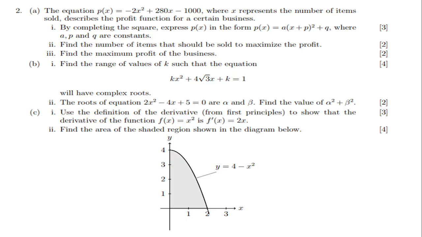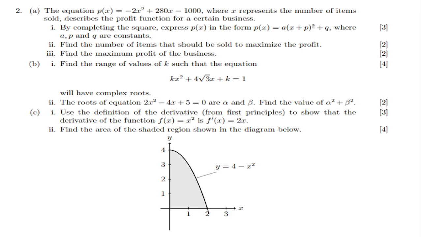So let's quickly look at this question, which has 3 parts, A, B, and C. The first part is the equation P of x is equal to negative 2x squared plus 280x minus 180, where x represents the number of items sold and describes the profits for a certain business.